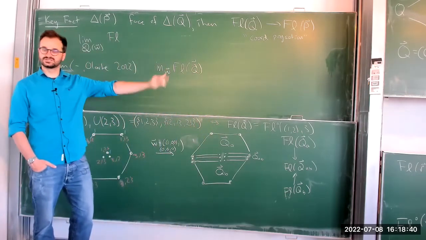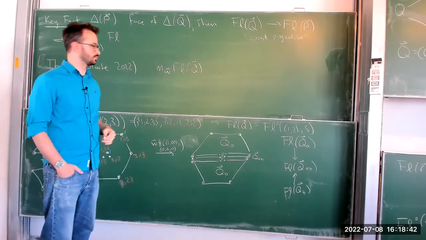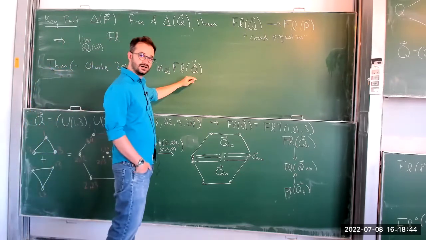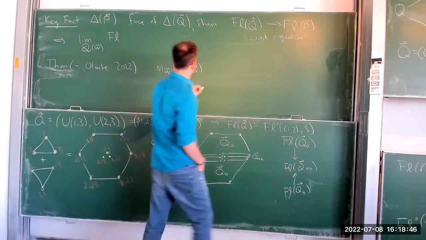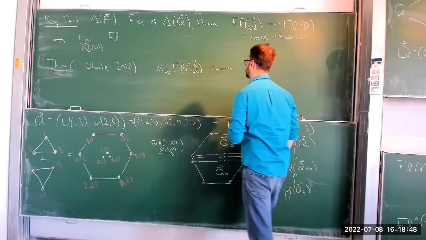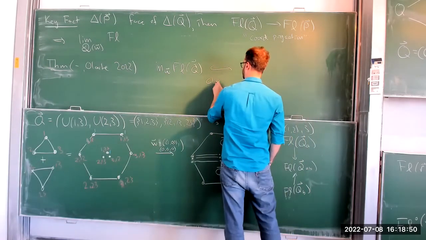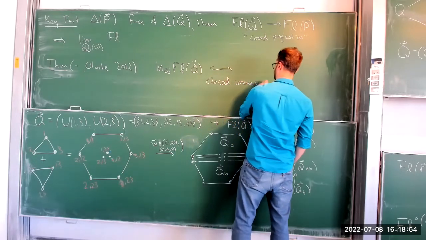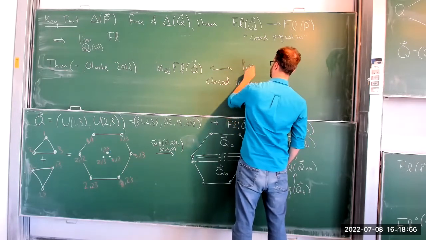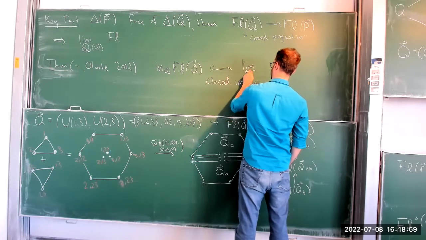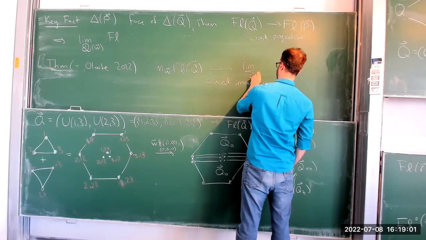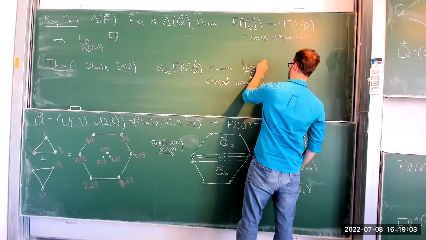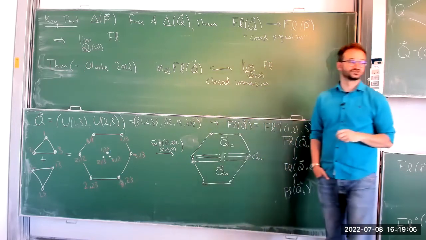Initially, we were interested just in the uniform case, but this works well for any flag matroid you put here. This admits a closed immersion into this inverse limit of flag matroid strata.